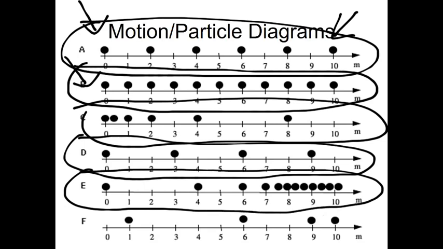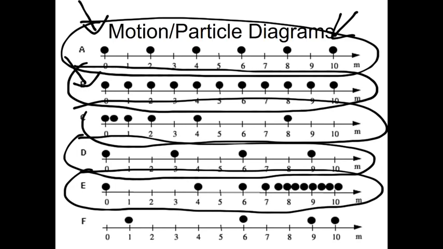In the first second, this object moves from a position of 0 all the way over to a position of 4. In the second second, it moves from a position of 4 to 6. So it doesn't go as far during that second second as it did in the first second. From the third dot to the fourth dot, it goes even a less amount of distance, and that continues to happen.